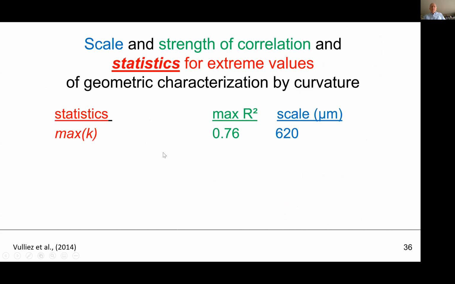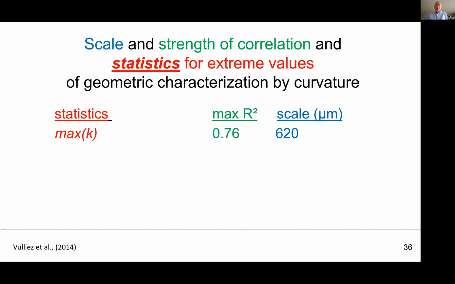When Margot came, we knew that we'd like to find the largest curvature, because that would give us some indication of the stress concentration at the bottom of a valley, because positive curvatures are like smiley faces. So we're looking for the maximum regression coefficient, and 0.76 is a very good one, I think better than anybody had done for fatigue.